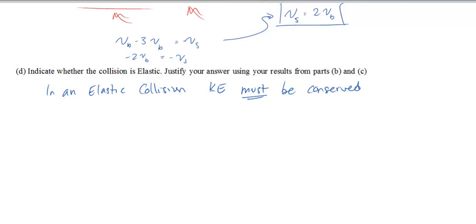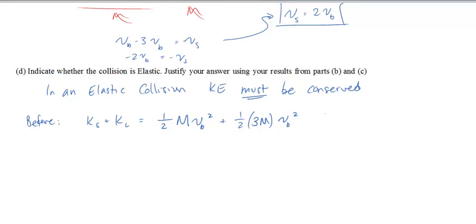Okay, so before, the kinetic energy, of course we have to take into account both objects, the small and the large. So before I had, for the small one, 1/2 m VB squared plus 1/2 times the big mass, which was initially also at VB.